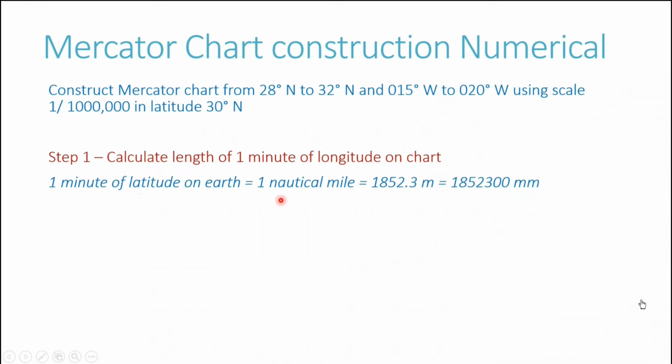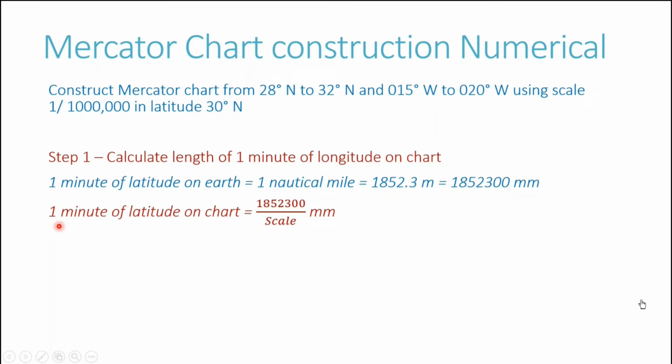We know 1 minute of latitude is 1 nautical mile. That is the definition of a nautical mile, and it has a fixed length of 1852.3 meters. Let's convert it into millimeters. Millimeters is a convenient unit to construct the chart on our answer sheet. So it converts to 1852300 millimeters.